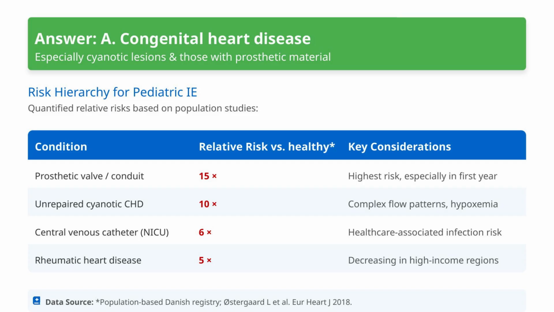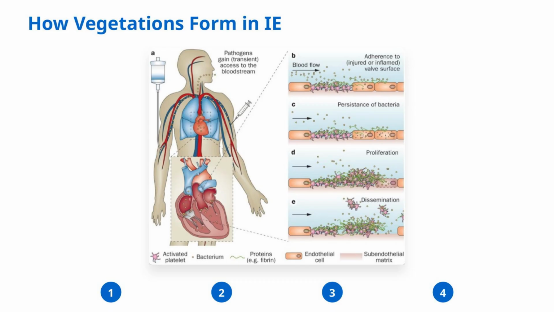This slide illustrates the progressive formation of vegetations in infective endocarditis. The process begins with endothelial injury, typically caused by turbulent blood flow across congenital heart anomalies or prosthetic materials. This injured endothelium becomes the foundation for step 2, where platelets and fibrin deposit to form what we call non-bacterial thrombotic endocarditis, or NBTE.